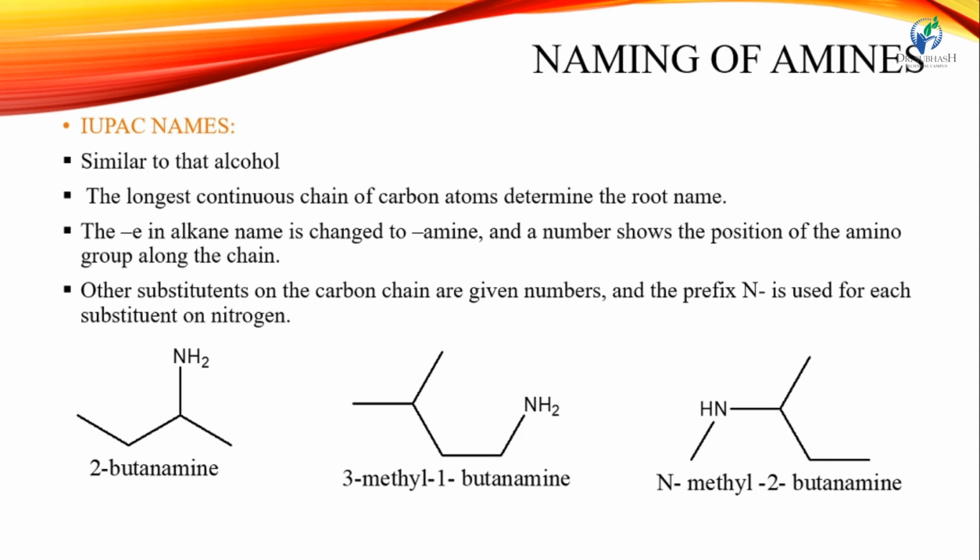Other substitutions on the carbon chain are given numbers, and the prefix N is used for each substitution on the nitrogen. This is the IUPAC naming of aliphatic amines.